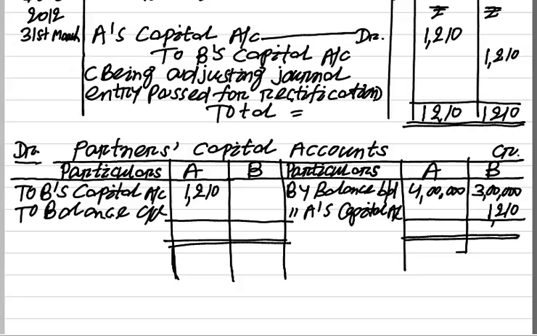Now the totals are 4 lakh for A and the difference is 398,790.